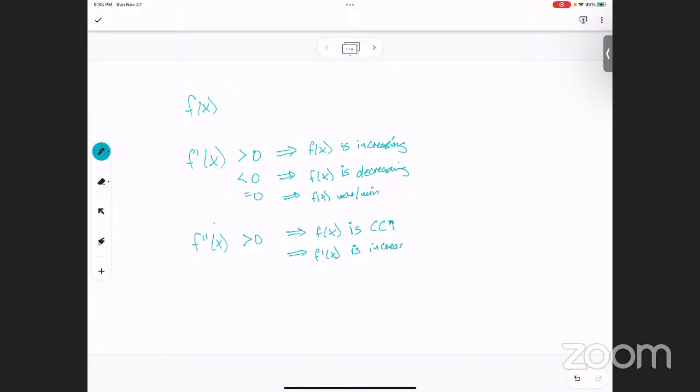Like you just said. Make sense? If the double derivative is negative, that implies that f of x is concave down, and also it implies that the derivative is decreasing.